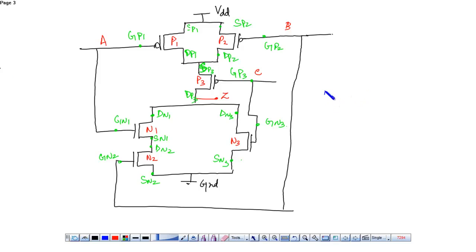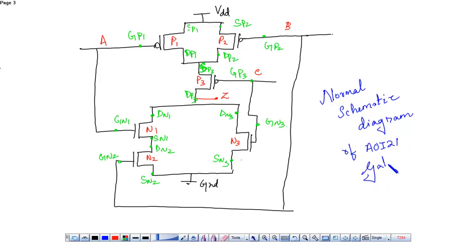So this is the normal schematic diagram of AOI 21 gate.